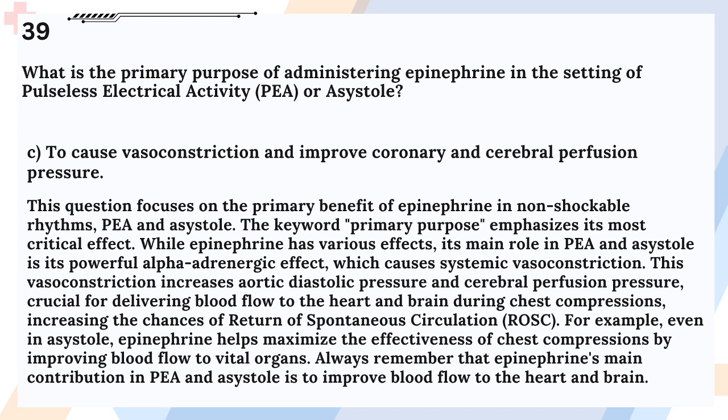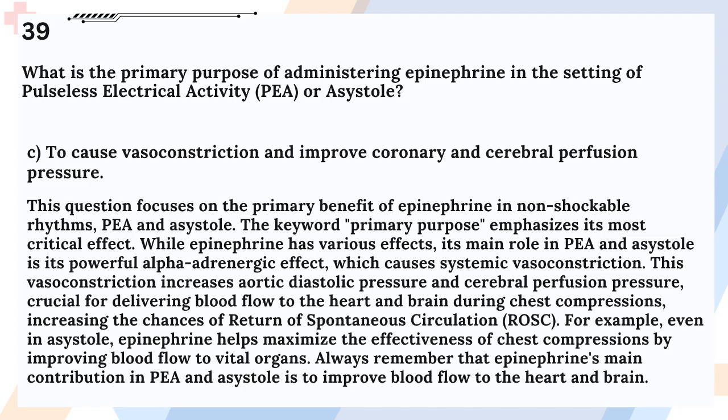Answer: C. To cause vasoconstriction and improve coronary and cerebral perfusion pressure. This question focuses on the primary benefit of epinephrine in non-shockable rhythms, PEA and asystole. The keyword primary purpose emphasizes its most critical effect.